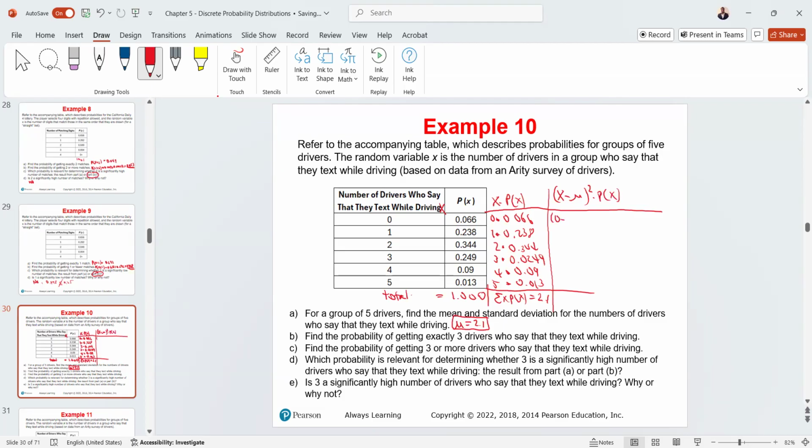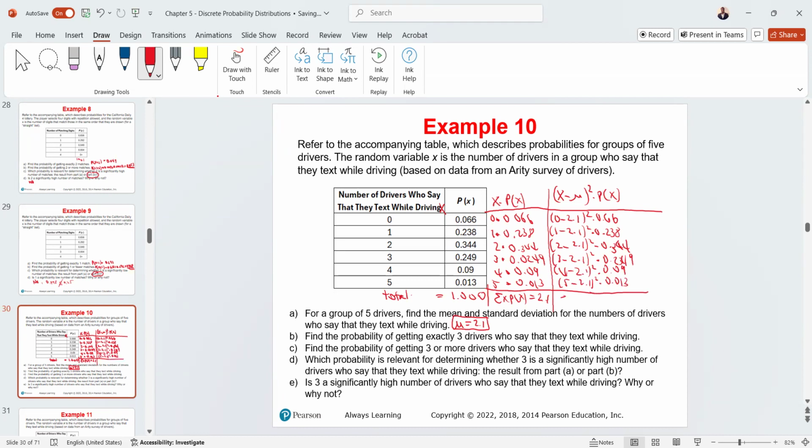That means we do 0 minus 2.1 squared times 0.066, 1 minus 2.1 squared times 0.238, 2 minus 2.1 squared times 0.344, 3 minus 2.1 squared times 0.249, 4 minus 2.1 squared times 0.09, and 5 minus 2.1 squared times 0.013.